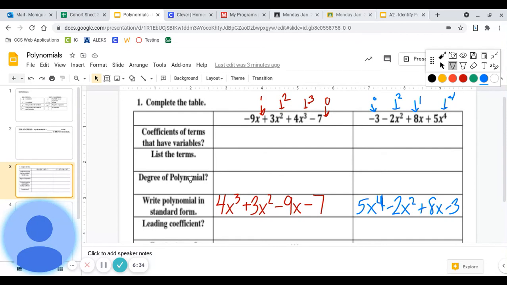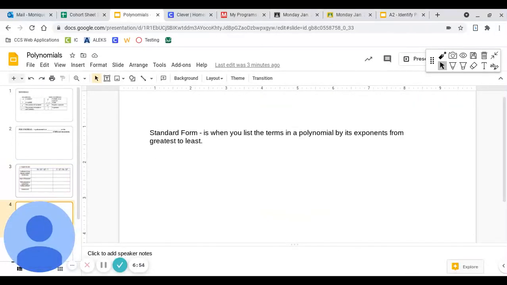All right, so the next thing we do is we move on to the degree of the polynomial. So the degree of the polynomial is, I'm going to type the definition in here.